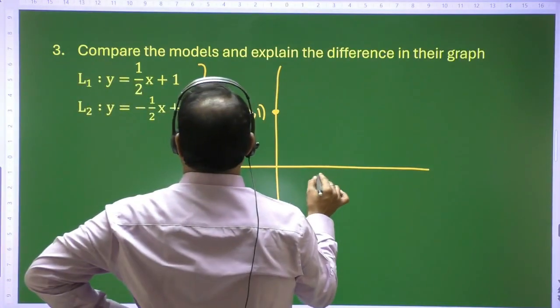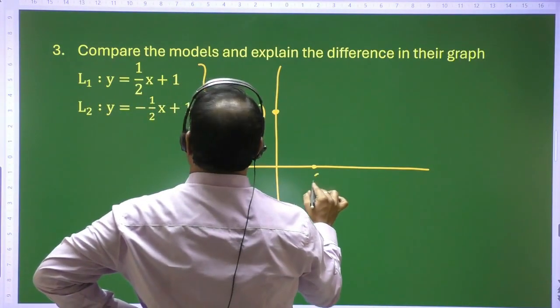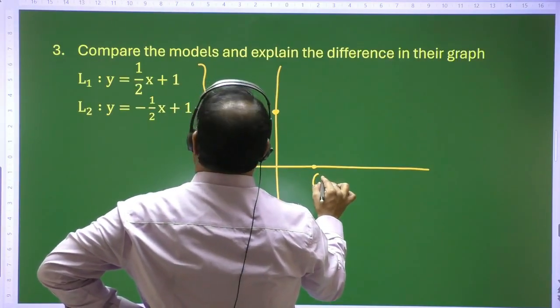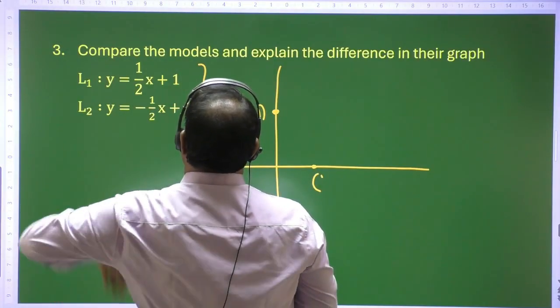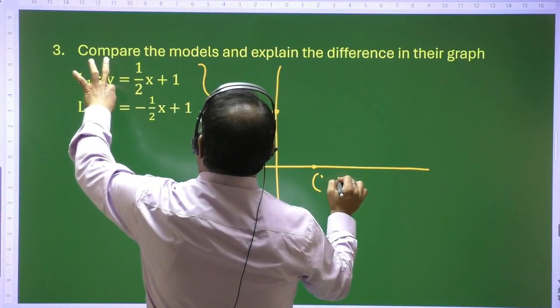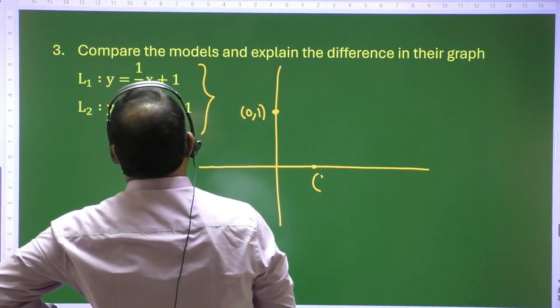So when x is 0, y is 1, like here. Y is 1, x is 0 we have already taken.